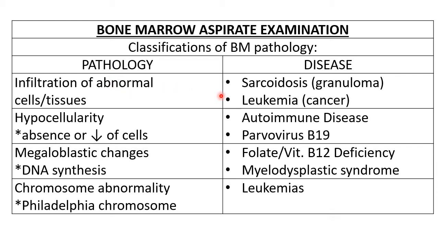Ang mga probable diagnosis mo dyan is number 1, sarcoidosis. Ano meron kay sarcoidosis? These are granulomatous conditions in which you produce a lot of scar tissue, no? Napapalitan ngayon ng scar tissue yung mga bone cell producing tissue ng bone marrow. So therefore, bagsak ang cells mo.